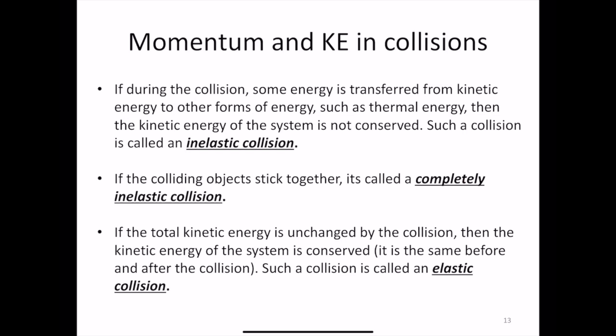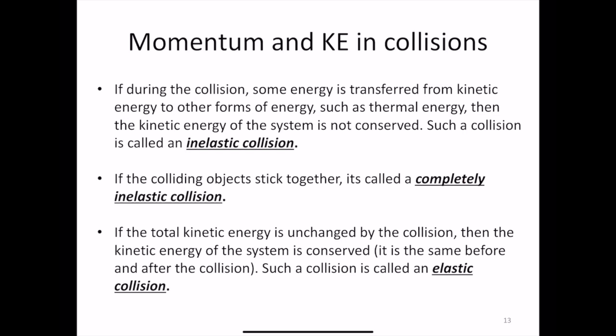So in a completely inelastic collision, the two objects that are colliding just get stuck to one another, right? And they just sort of become one object after the collision, right? One simple example would be if you take two balls and stick some Velcro on them, and then make them collide, then the balls will stick together, right?